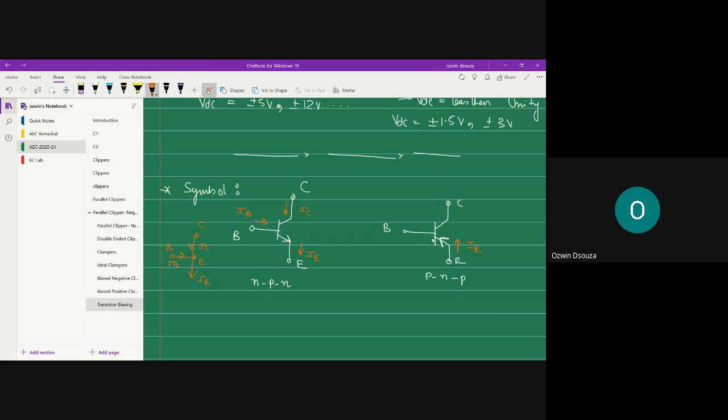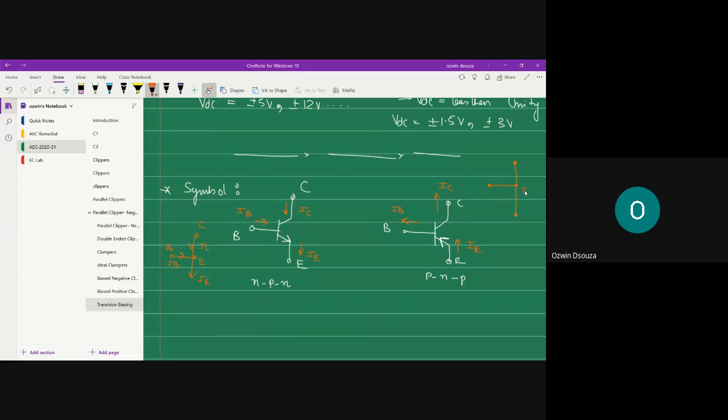In this case, the emitter current enters and it is going to split into two parts. A small base current and a larger portion of the emitter current will flow out as the collector current. And the equivalent circuit is probably drawn something like this.